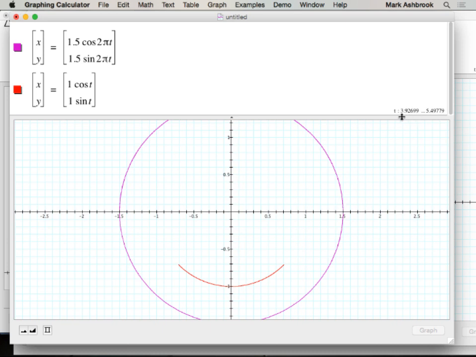Because it's starting at this 5 pi over 4 number and going to 7 pi over 4, and then multiplying that range by 2 pi. So that's working, but it's not very clean, right? We're not really in control of how that first one's graphing.